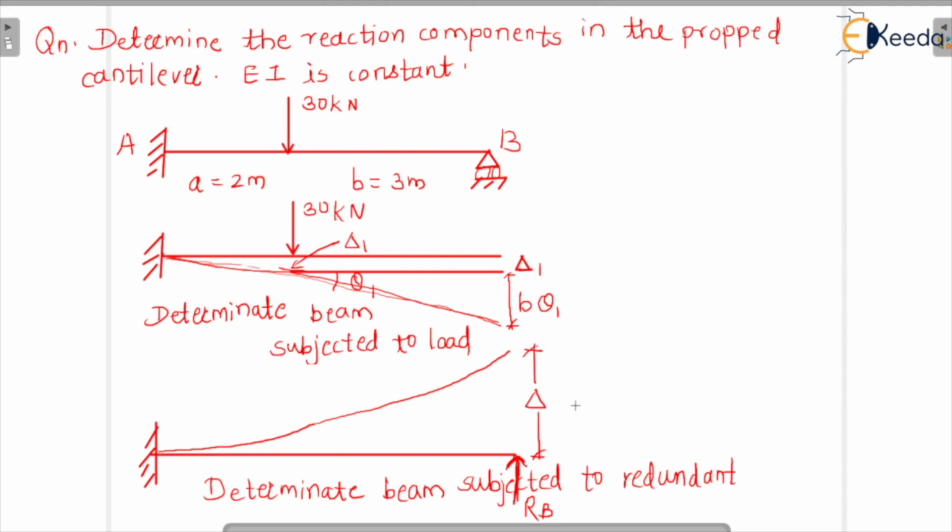Now here we know that RB at B is taken as the redundant force and hence the resulting basic determinate structure is a cantilever. Now in a cantilever, consider the deflection and rotation under a load P acting at a distance a from the fixed end.